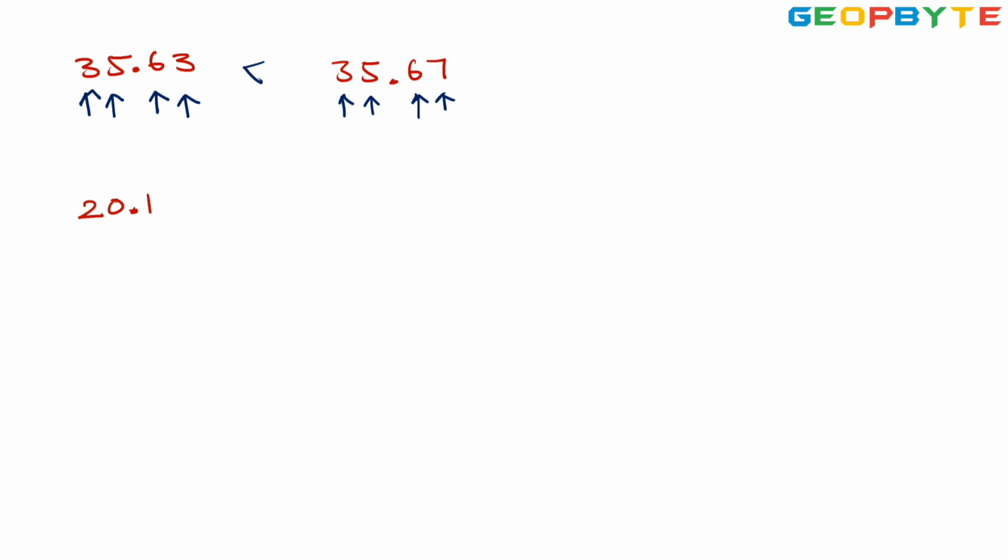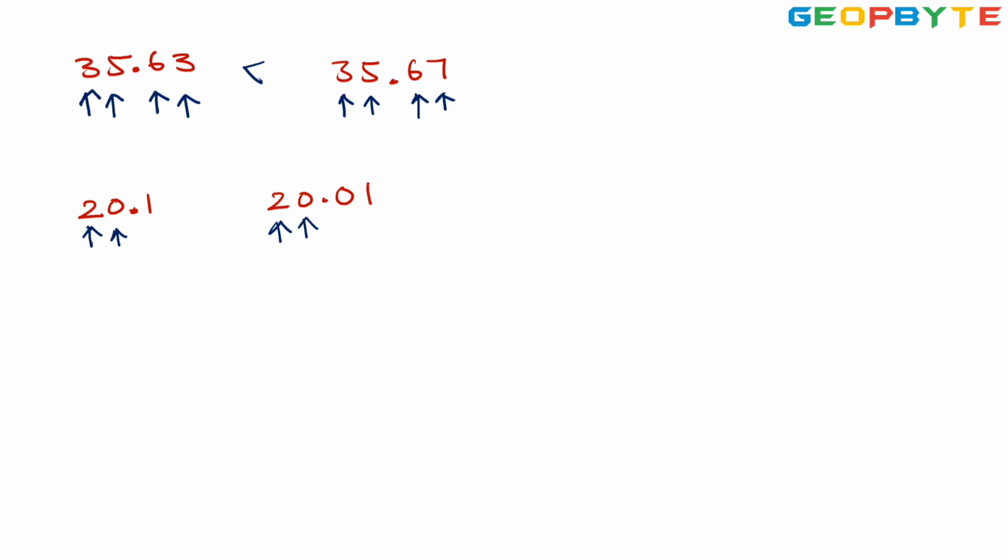Next is 20.1 and one more, 20.01. In these decimal numbers, at the 10's position we have 2 and here also 2, so both are equal. Next, we compare the 1's position. In the 1's position we have 0, and here also 0.